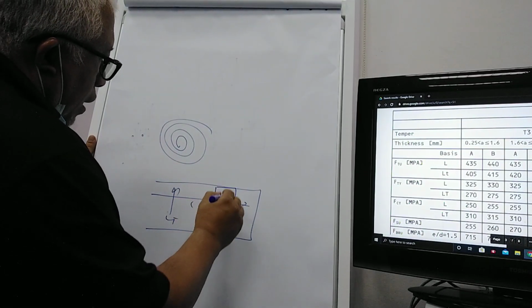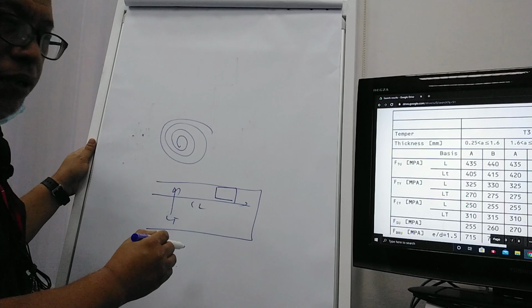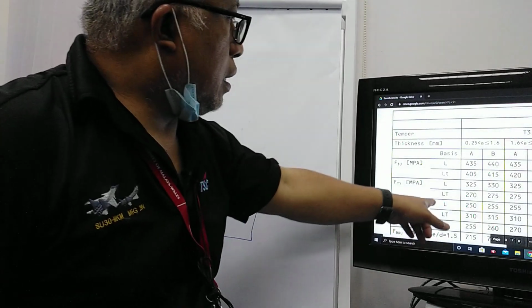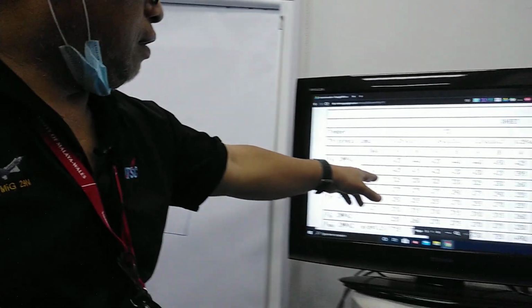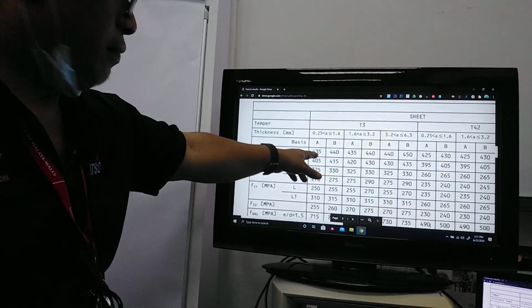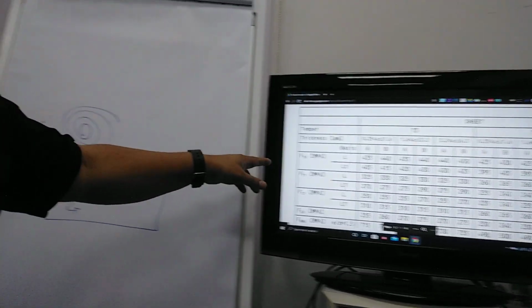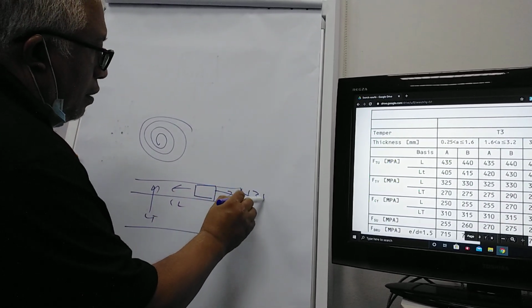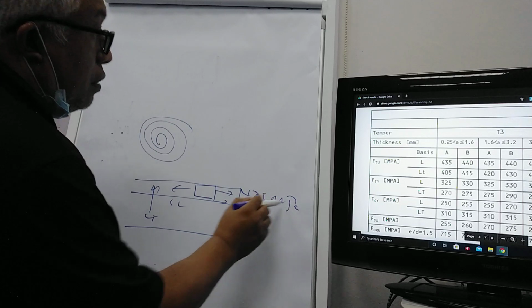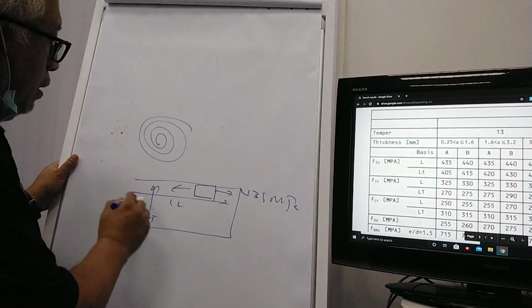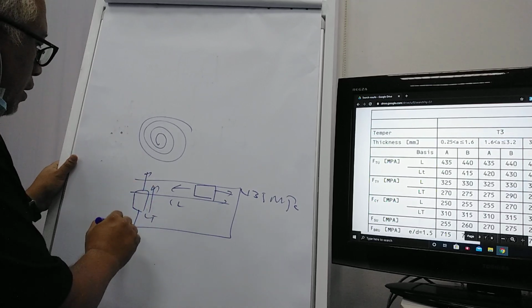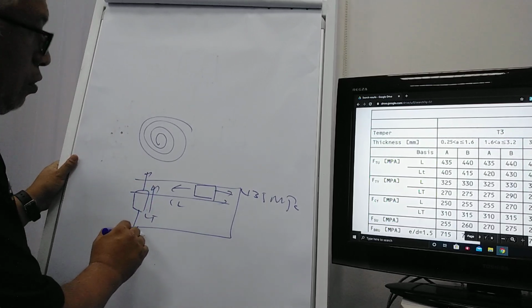If you cut this piece for your doubler, you can see L here is 435 megapascal, and LT, if we cut the material in this direction and we load it in this direction, we use 405.